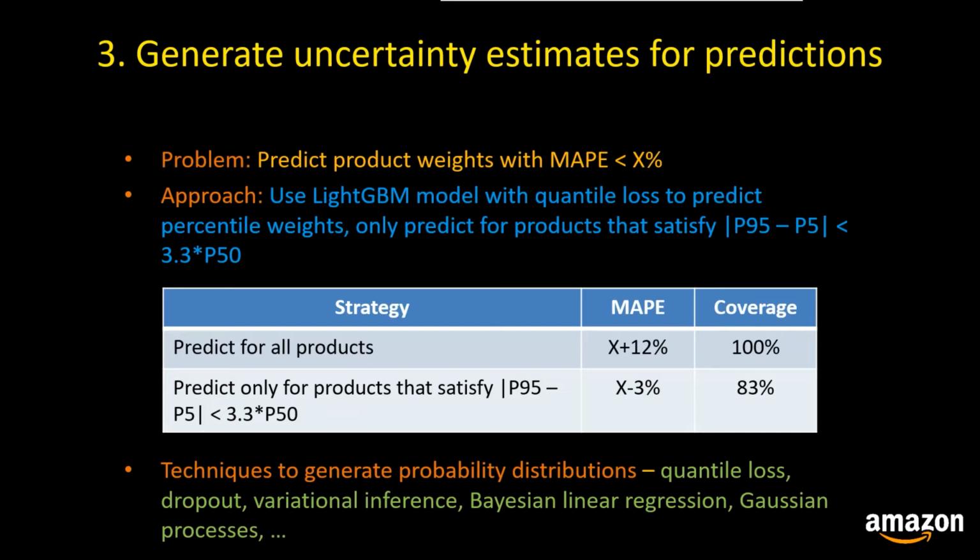And this clearly meets our business requirements of a MAPE of X%. Of course, this reduction in MAPE is accompanied with a loss of coverage. We predict weights for only 83% of products as opposed to 100% of products.